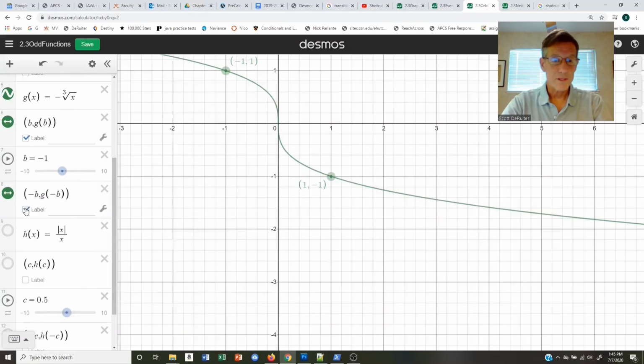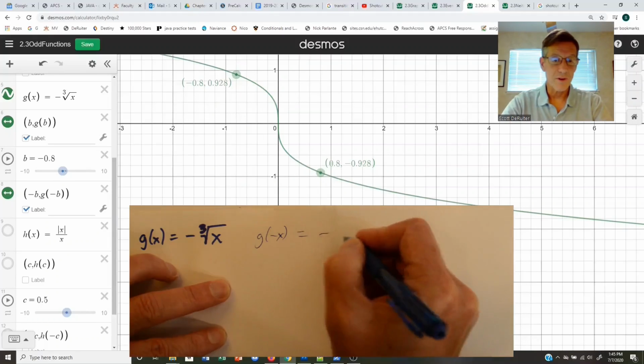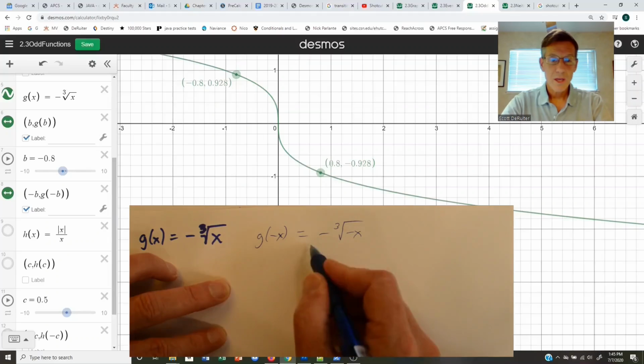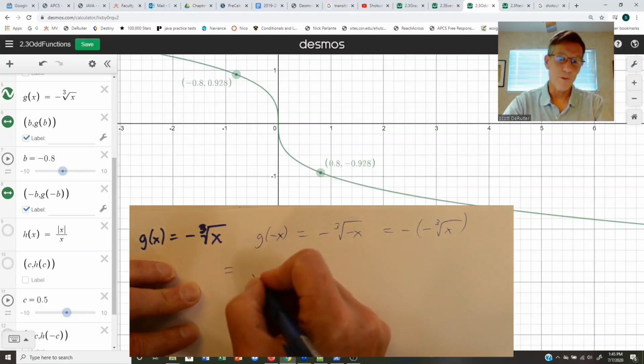Here's another one. It's another odd function. When the x values are opposite, the y values are opposite, no matter where we go. And we should be able to show that algebraically as well. So if we plug in negative x into the function, notice that if we take the cube root of a negative, we can move that negative outside.